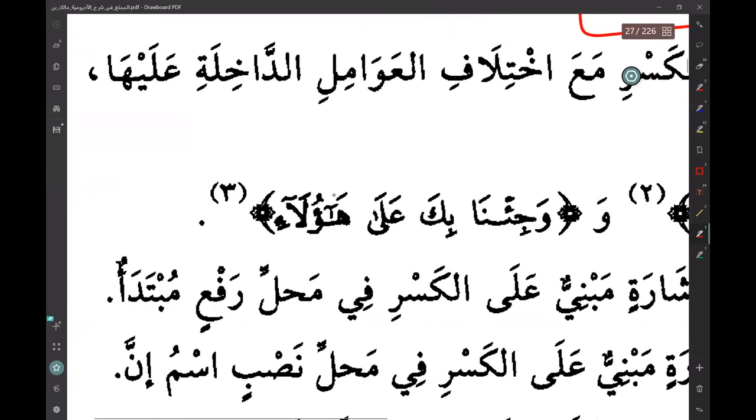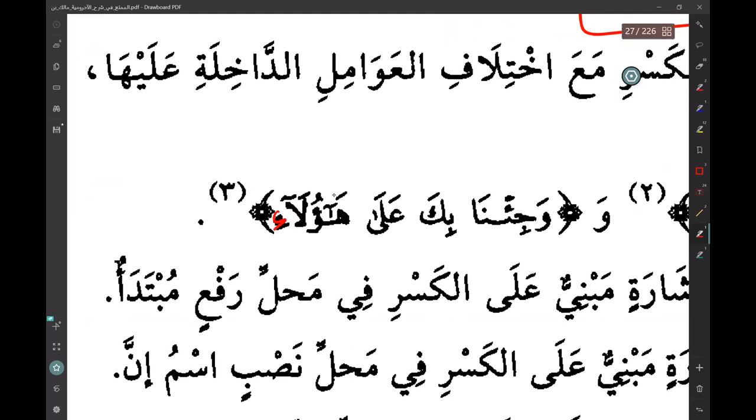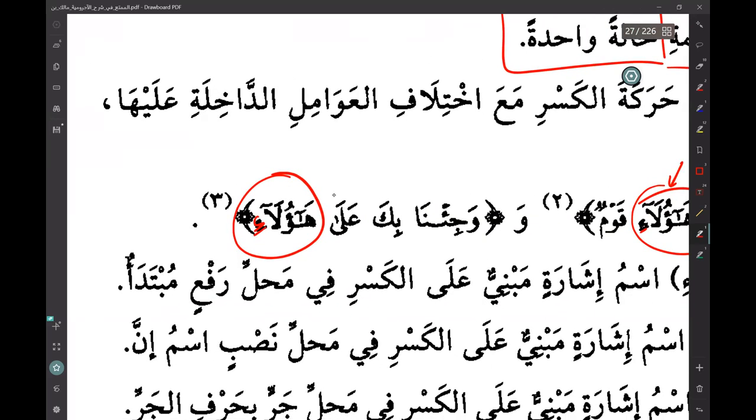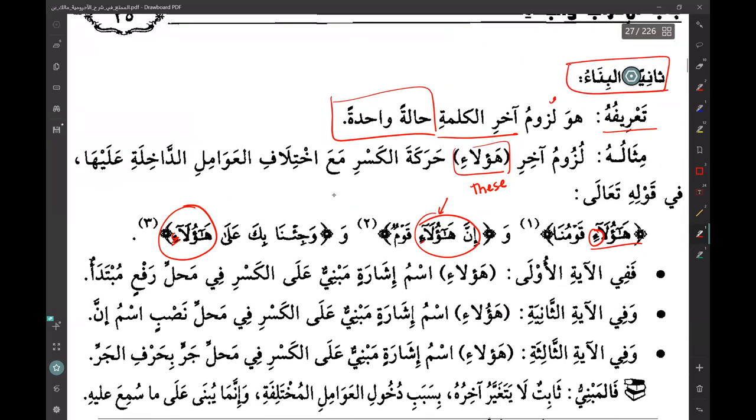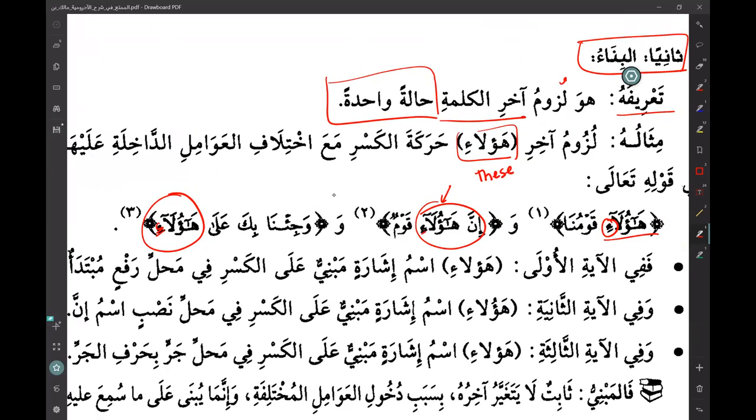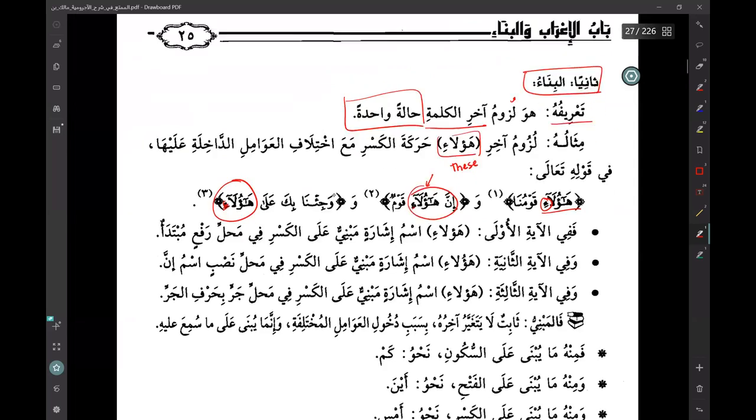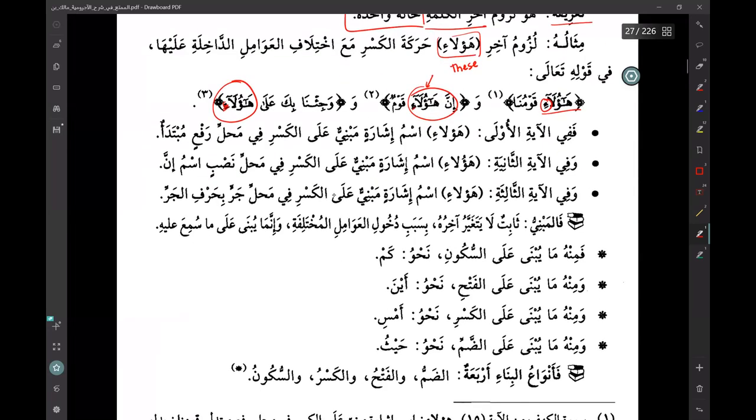You probably think after ala we have a kasra, but that's not the situation. Ha'ula'i is always with the kasra at the end. It will never change. As you can see, it comes in different situations with different amil, but its spelling is not changing. So this is called mabni when its state doesn't change.